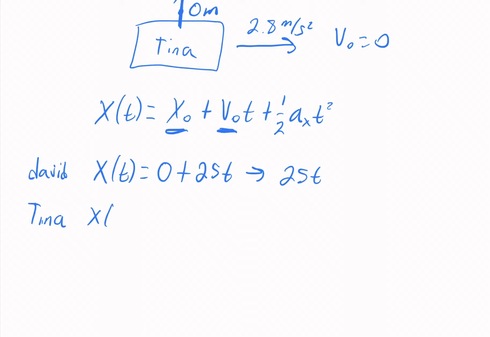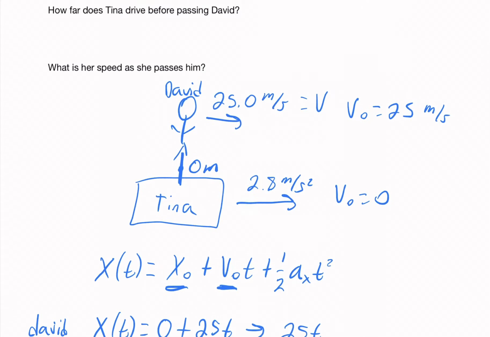Well, that's going to be x of t is equal to 0 plus, well, the initial velocity is 0, so we don't have to worry about that term. But the acceleration is 2.8 meters per second squared, so it's going to be 1/2 times 2.8 t squared.